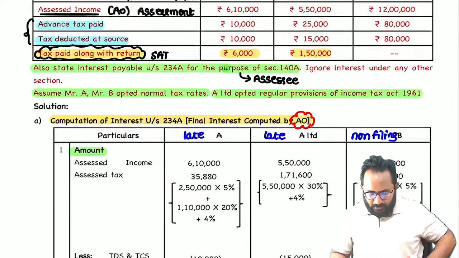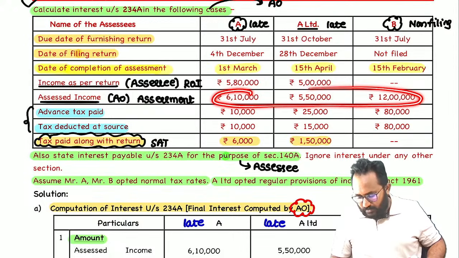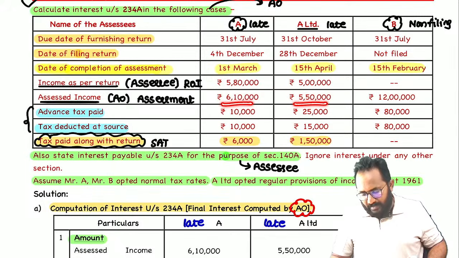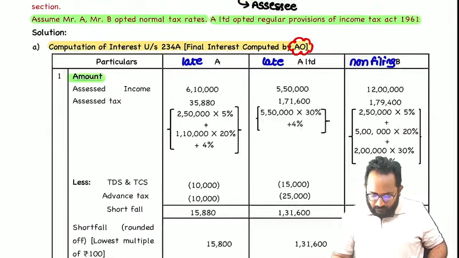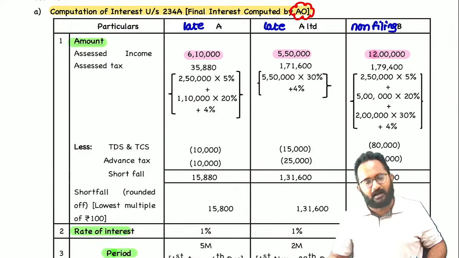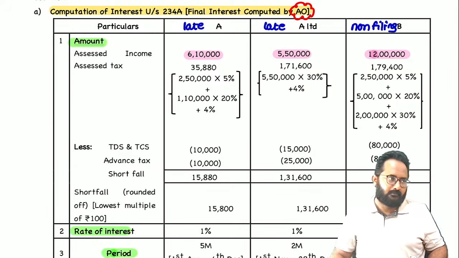First I will take the AO determined income, on that I will calculate the tax. What is that? 6 lakh 10,000, 5 lakh 50,000, 12 lakh. So whose determined income have I taken? AO determined income.